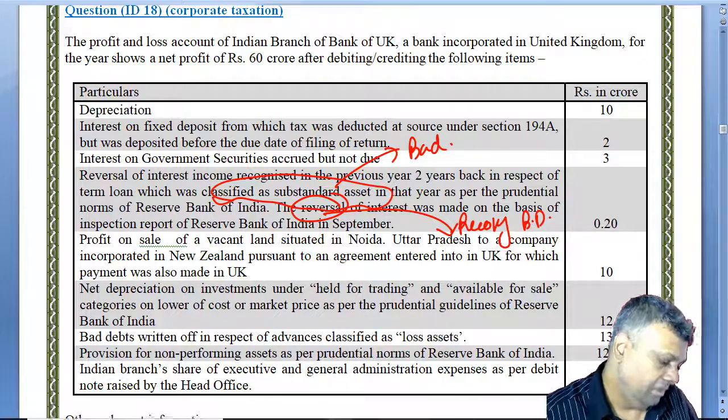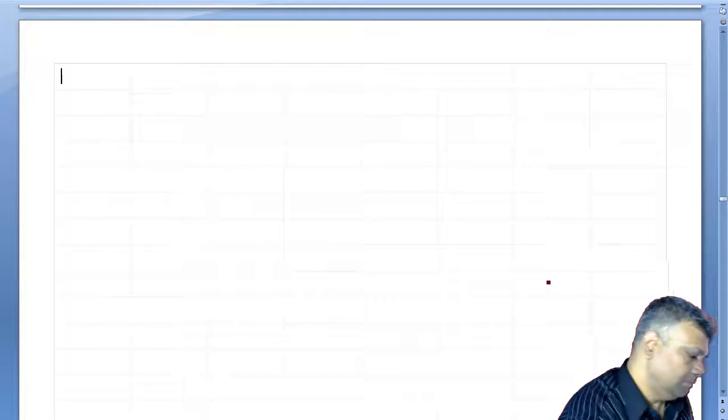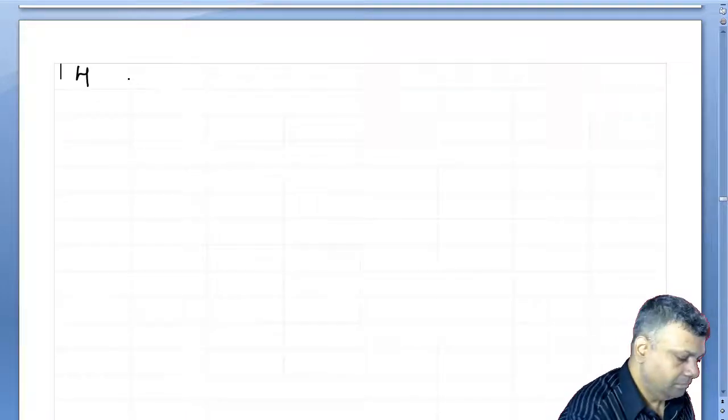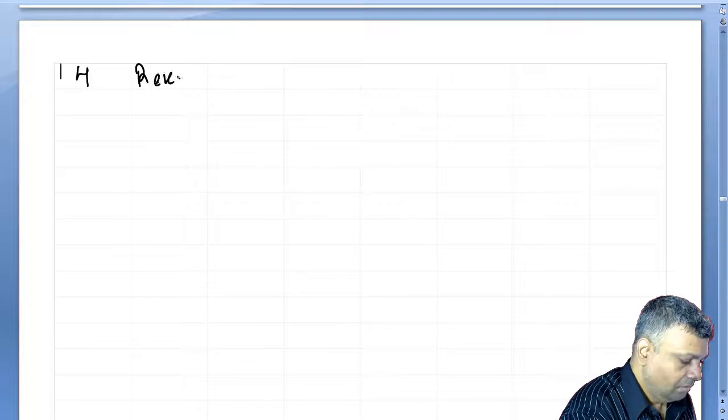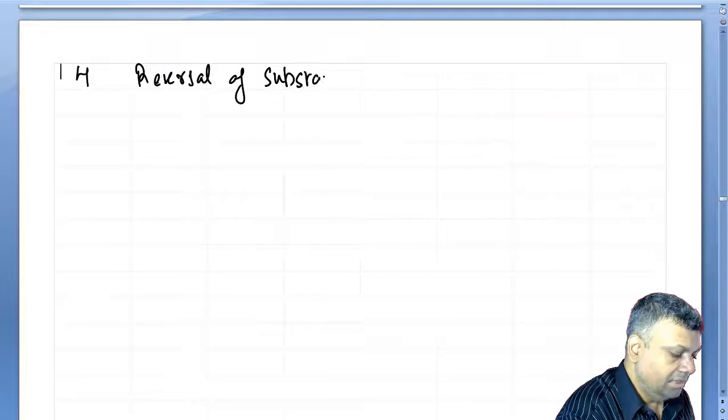Okay. So, let me write an answer, update my answer. Point number 4. Reversal of substandard assets.